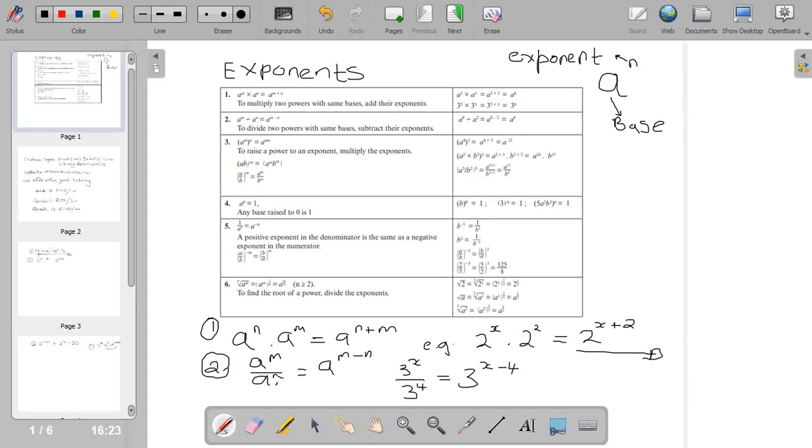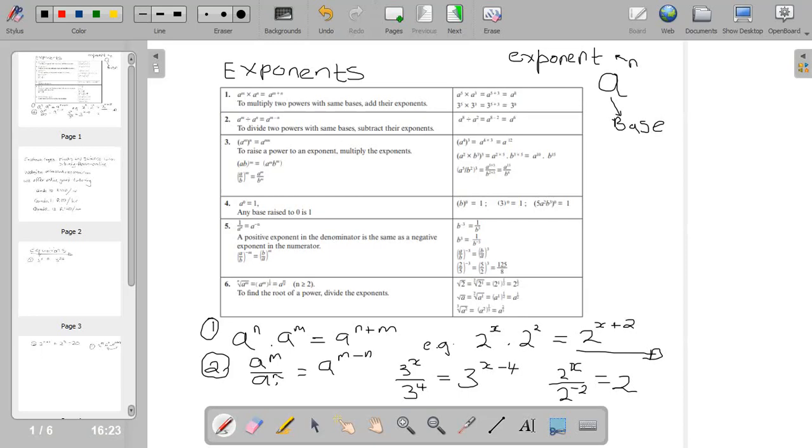If we have a negative exponent, like in this case, 2 exponent x divided by 2 exponent minus 2, the answer would be, we'll take one base.